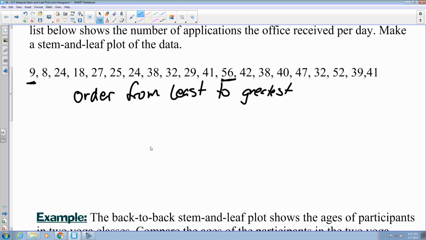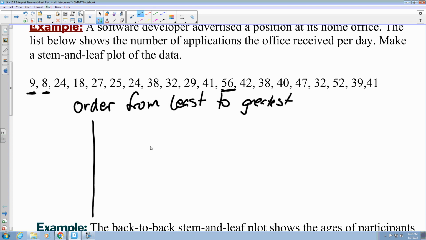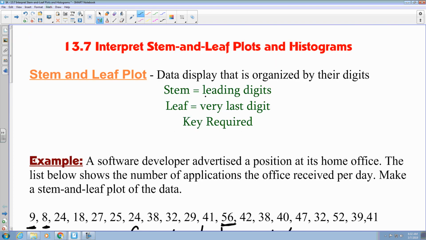So what we're going to do here is I'm just going to make a preliminary stem and leaf plot. I'm not going to put it in any particular order right away. I'm just going to make a list of the values that are given to us. I'm going to use the stem as my leading digit.